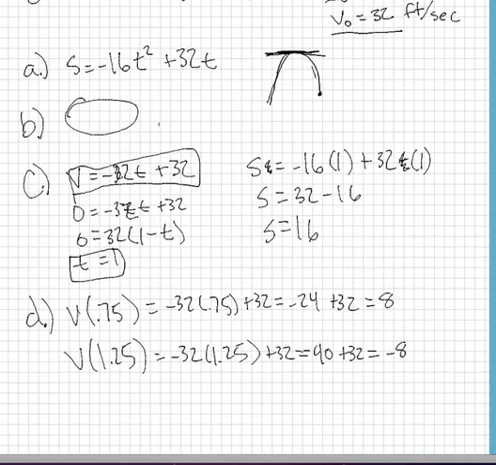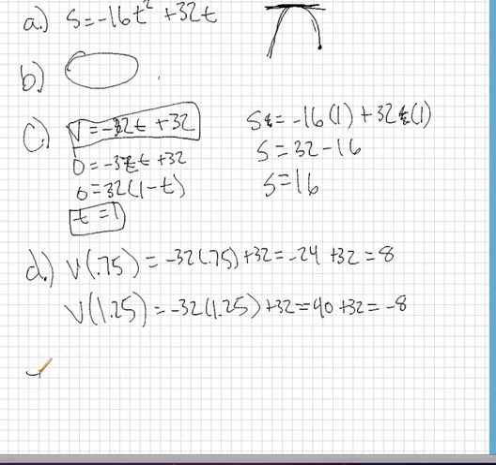And now it's asking for speed in part D of both of these. So speed is just going to be the absolute value of each one of these. If you just take the answers of each one of these and take the absolute value, the speed at time 0.75 is going to be equal to 8.